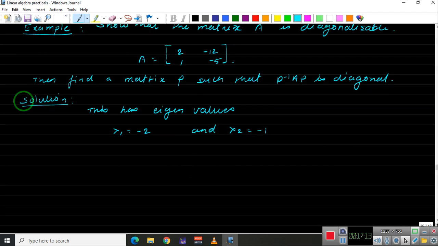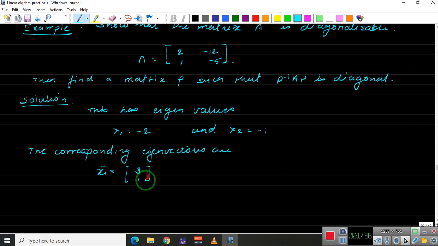Okay, the corresponding eigenvectors, what we got, are x1 bar is equal to 3 1, and x2 bar is equal to 4 1, respectively.